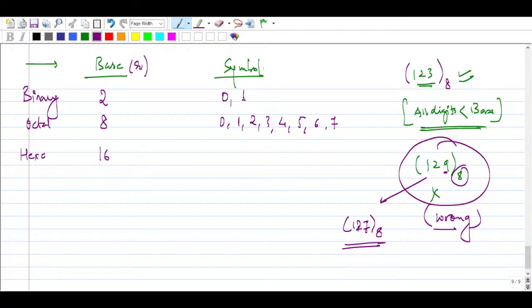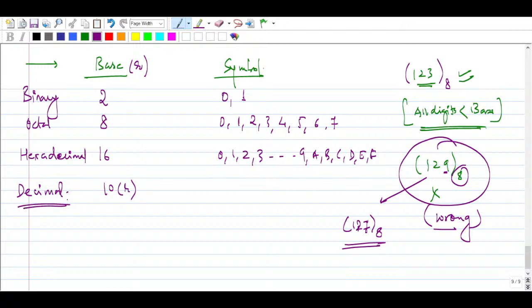Here the symbols are 0, 1, 2, 3 up to 9, and then A, B, C, D, E, F. You can also associate 10 as a base, and it has the name decimal. The decimal number system has base 10.